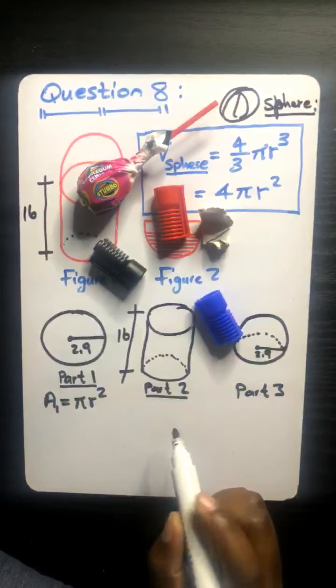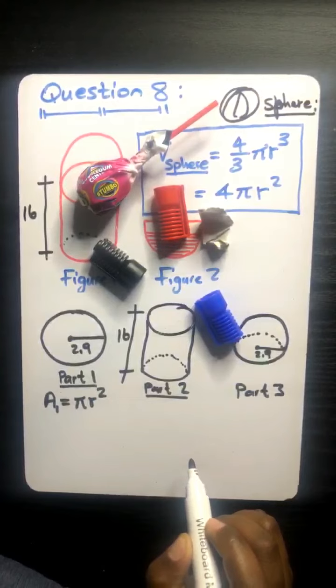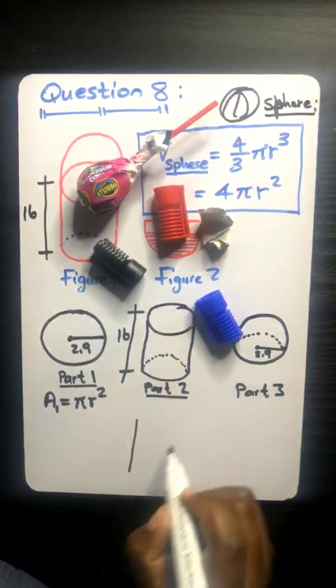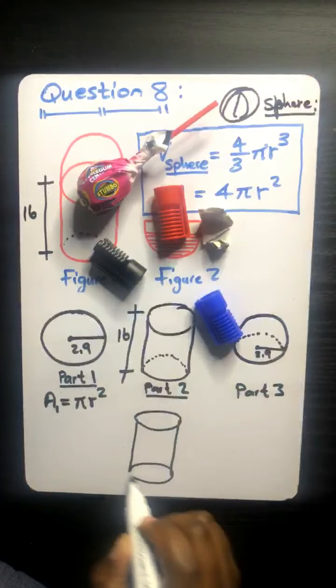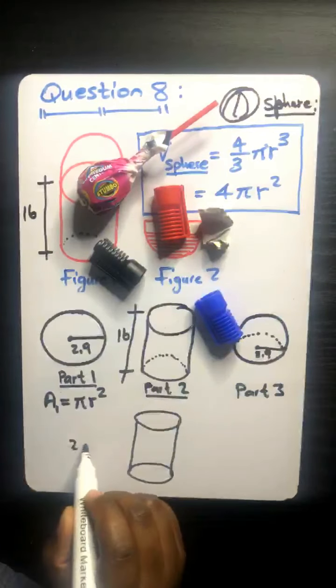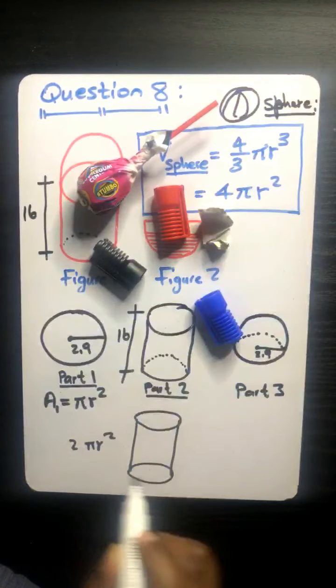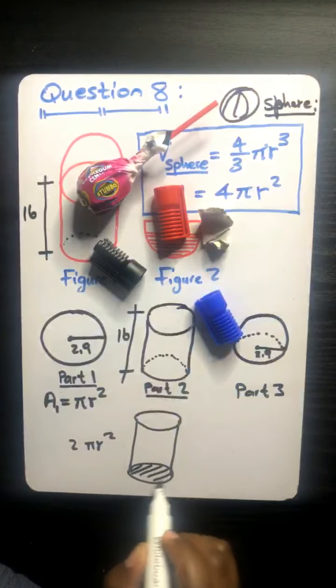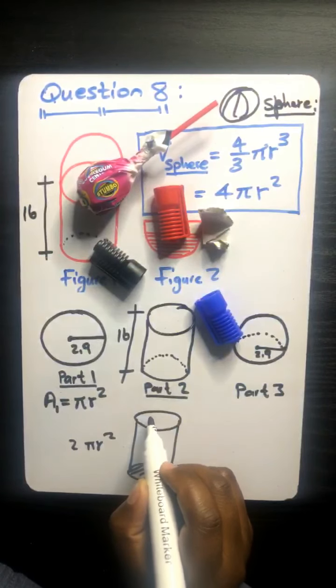Yes. So let's try to make sense of what she's saying, honorable member. If you have a cylinder, the moment you say 2 pi r squared, it's like you're saying this area, and you just multiply it by 2.